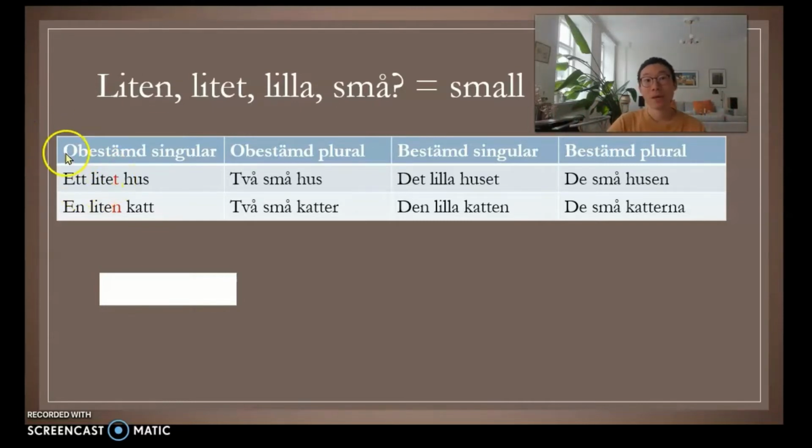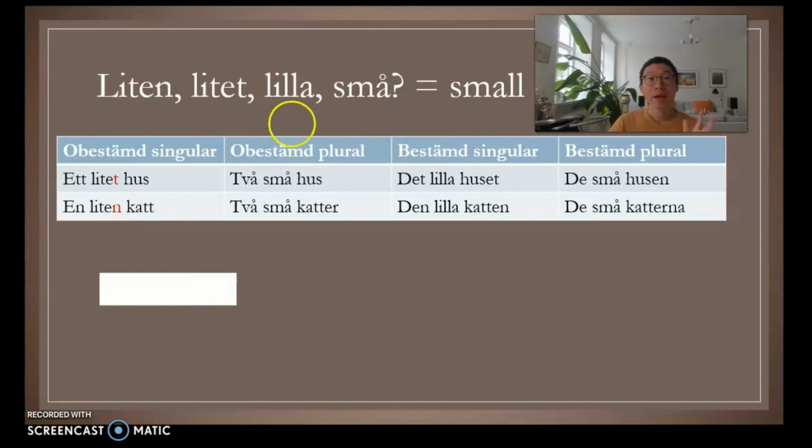Så till exempel, när vi har obestämd adjektiv, då använder vi ett litet hus. When we use the indefinite form of the adjective, when we describe the noun in an indefinite sense, then we would use litet or liten, depending on if it's an ett word or en word.